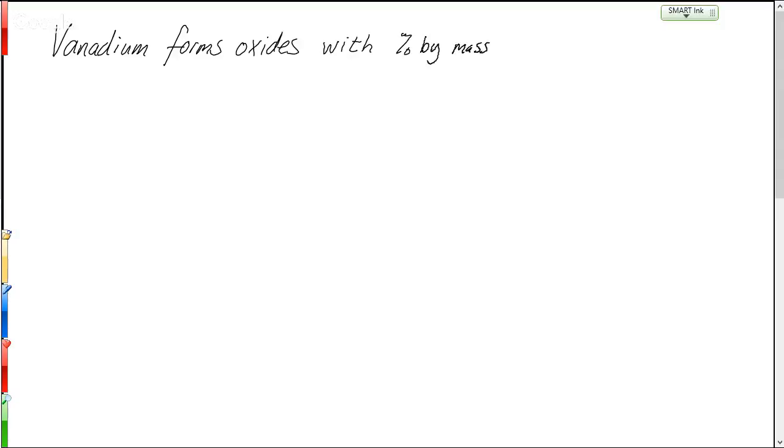Okay, let's try this one. Vanadium forms oxides with percent by mass vanadium of 76%, 68%, 61%, and 56%.